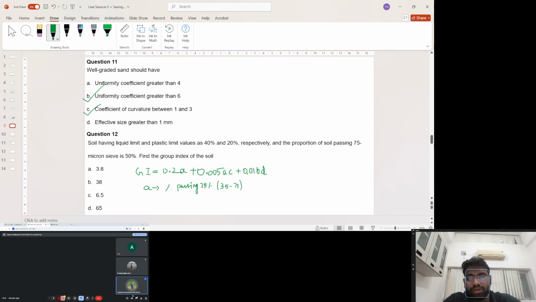Now, how will we calculate a? First you have to check whether the given percentage is falling in this range. So 50% is falling under this range.